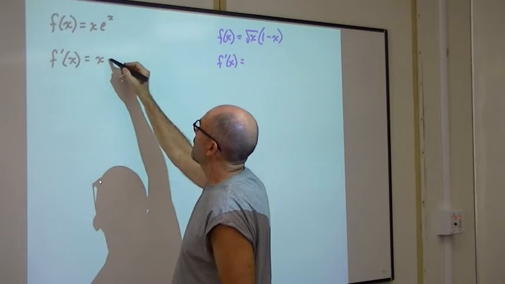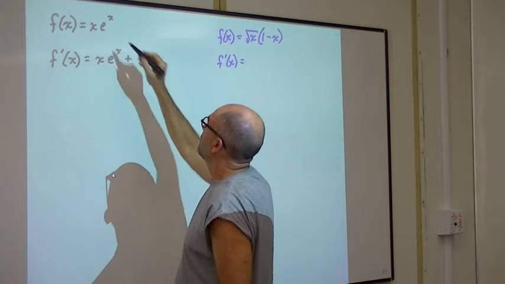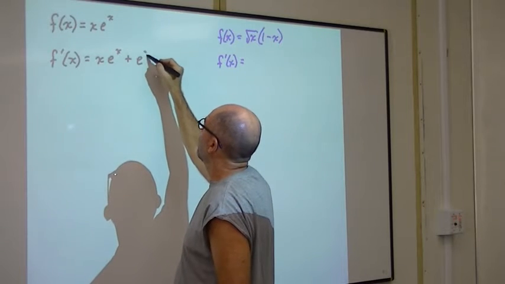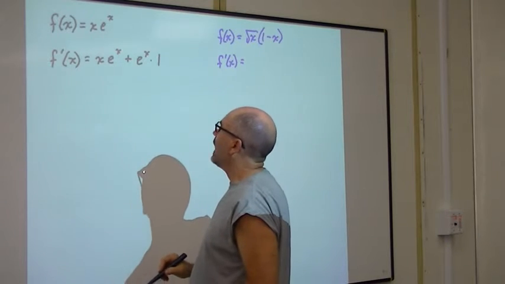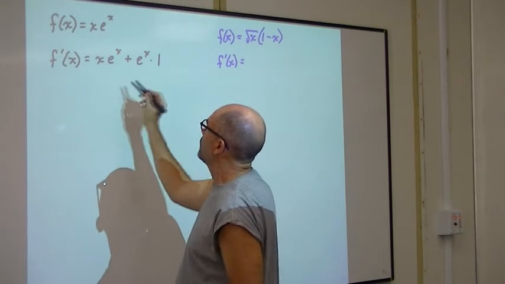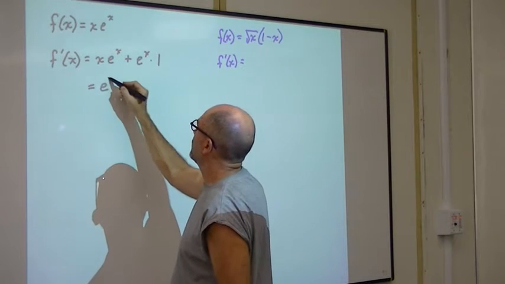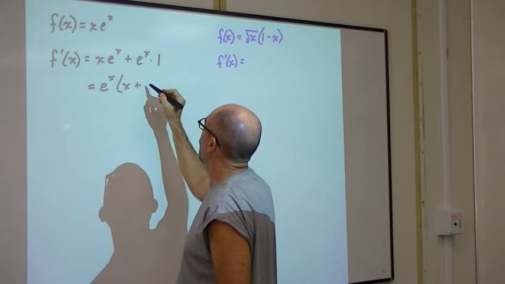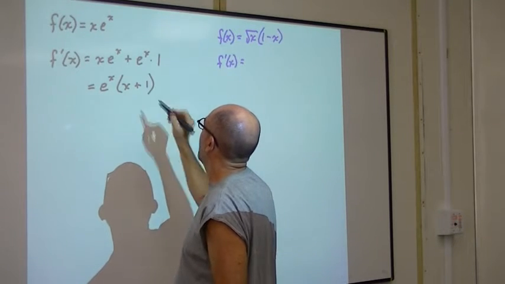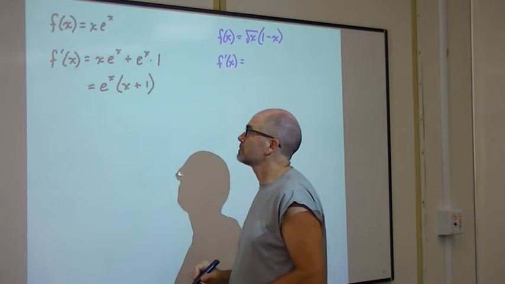So the derivative of e to the x is e to the x, plus second times the derivative of the first. All right, now, if I want to put that together, notice both terms have an e to the x in them, so it just becomes e to the x times the quantity x plus 1. Bam. That's it. Piece of cake.